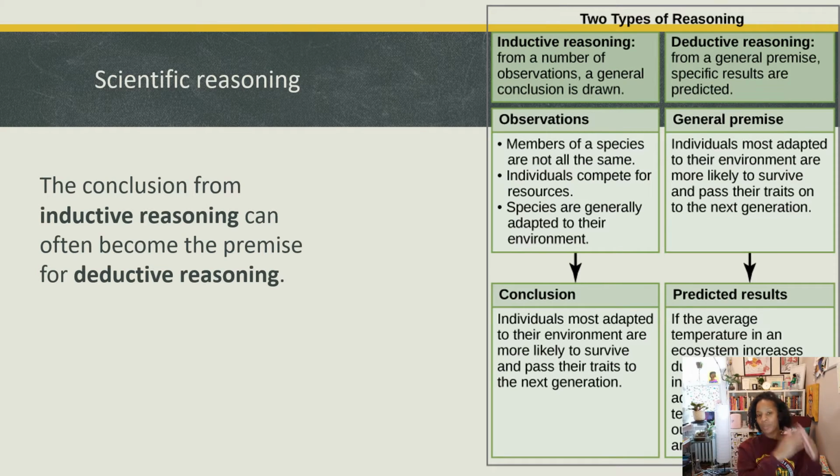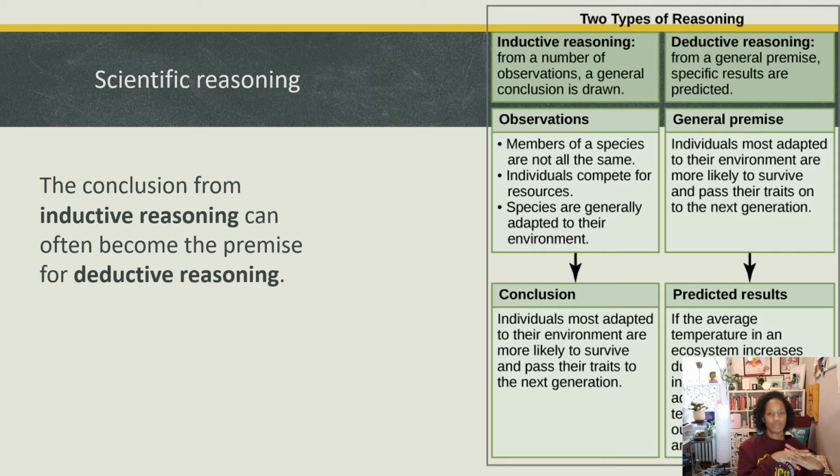So you see, we applied the principle that we observed in the inductive reasoning, that organisms most adapted to their environment are more likely to survive. And we used deductive reasoning to say, so if the environment changes, organisms most adapted to the environment are more likely to survive.